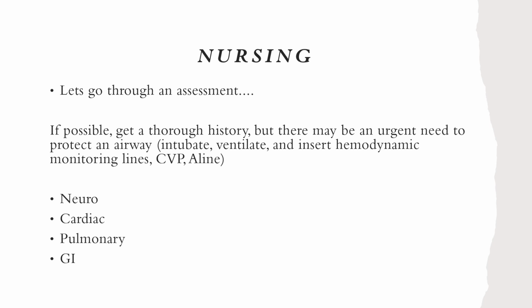What's their O2 sat like? Do they have an end-tidal CO2 monitor? Are they experiencing any cyanosis? And we know that that's a later stage. And then GI, GU, we know that we're going to be decreased in both just due to the poor gas exchange. So we'll probably have decreased or absent bowel sounds, a possible ileus, maybe abdominal distension, decreased urine output, acute kidney injury.